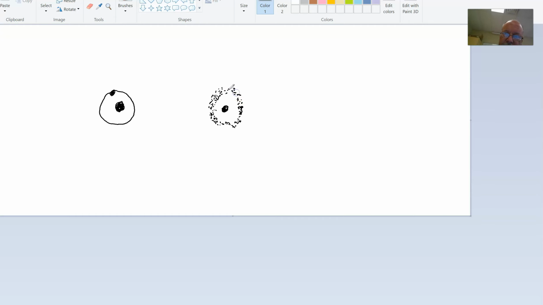Just draw until we get a cloud here. So the electron can be anywhere in this. So go ahead and just draw this. This is the comparison that we want to make.